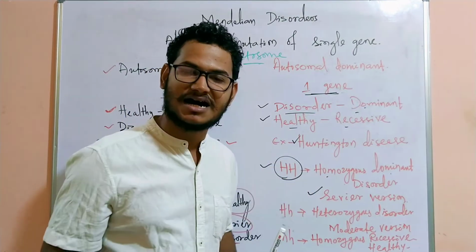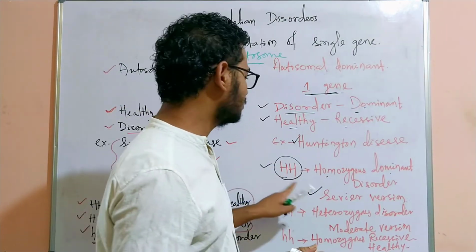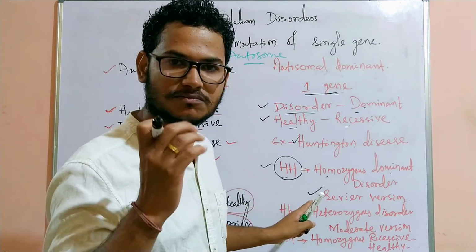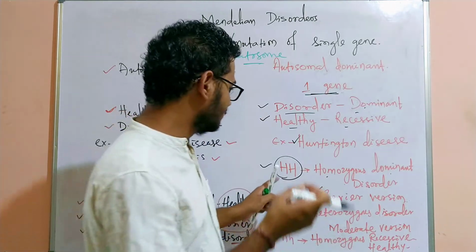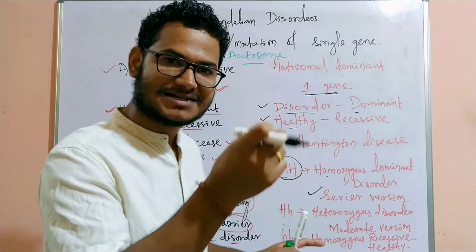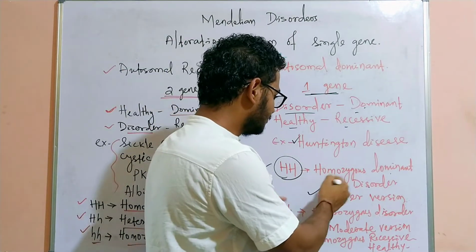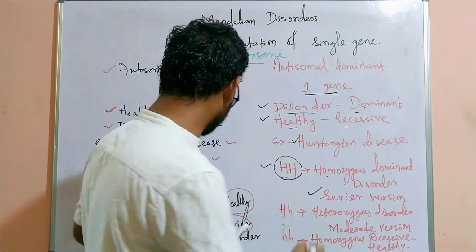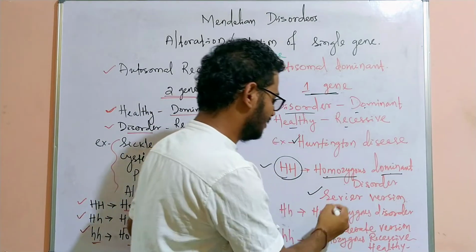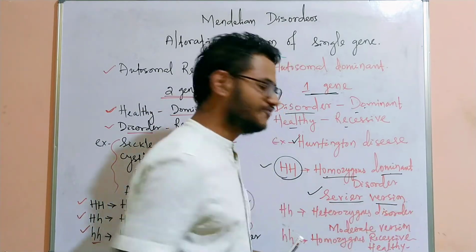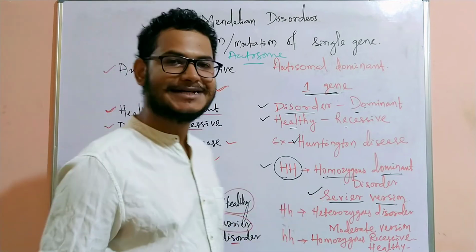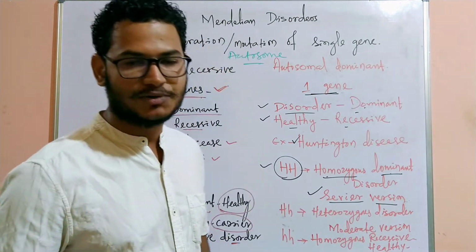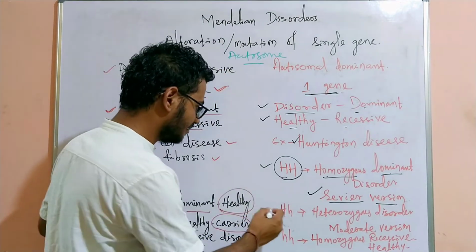When both the alleles from both the parents have the defective gene, the condition will be homozygous dominant, and it will be severe, and this will lead to death of the individual at an early age.